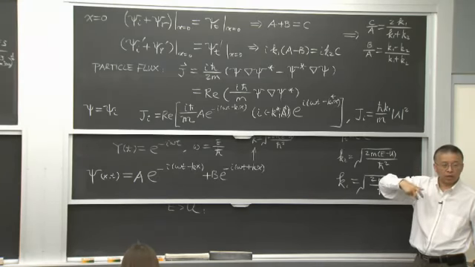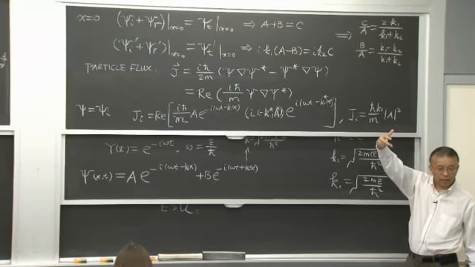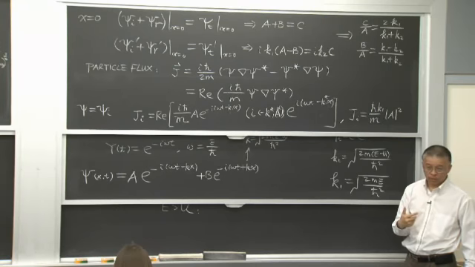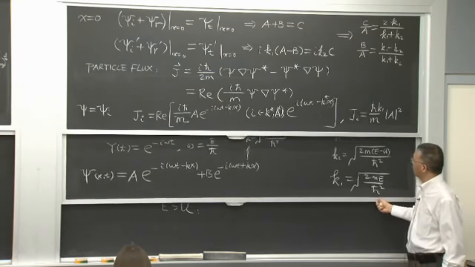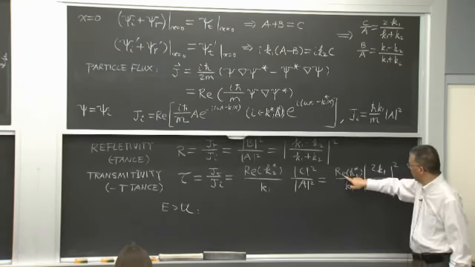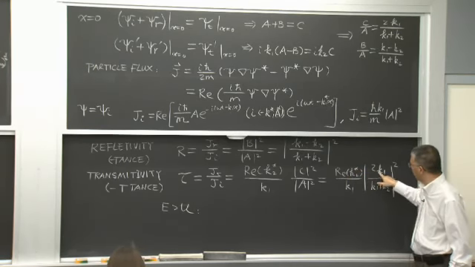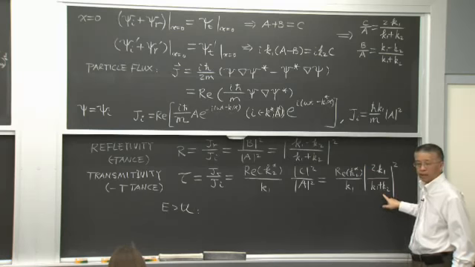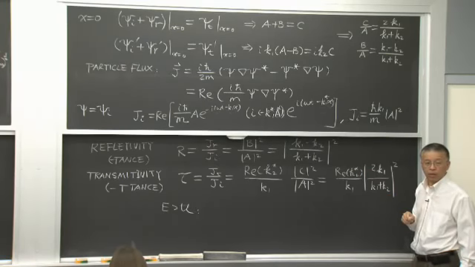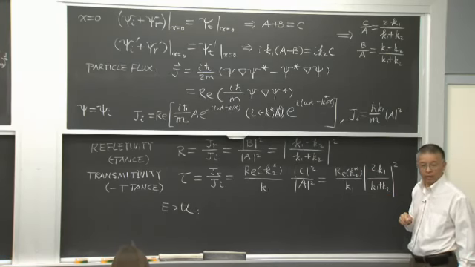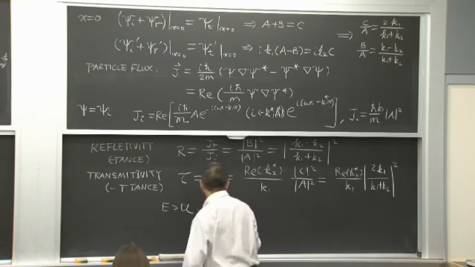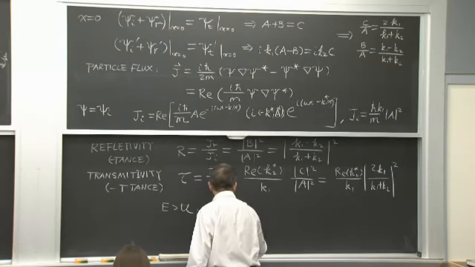The energy of the electron is larger than the barrier height. So I can forget about the real part. You can see this becomes 4 k1 k2 divided by (k1 plus k2) squared.